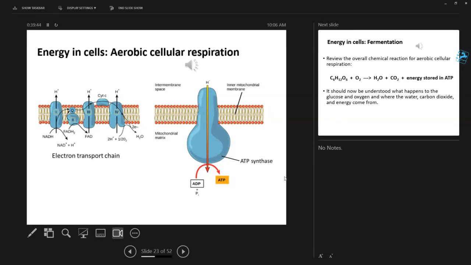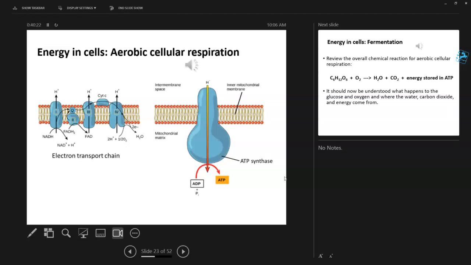And it's called the electron transport chain because these arrows here represent high energy electrons from NADH and FADH2. It's the energy in those high energy electrons that is used for pumping the H plus through the inner membrane.